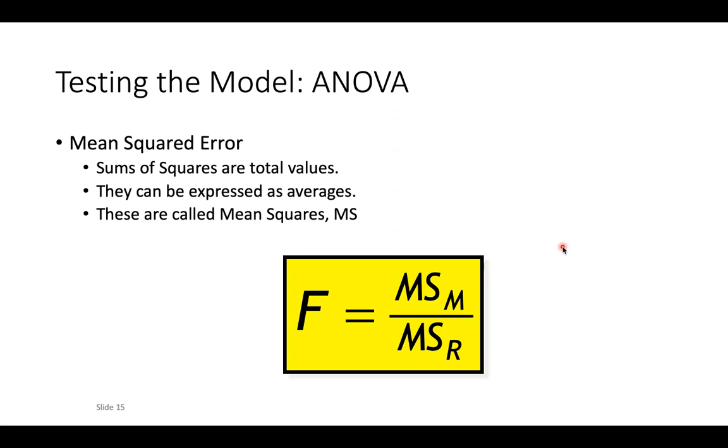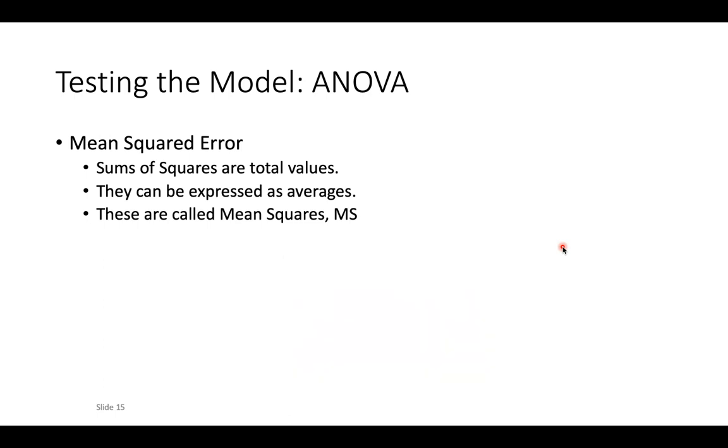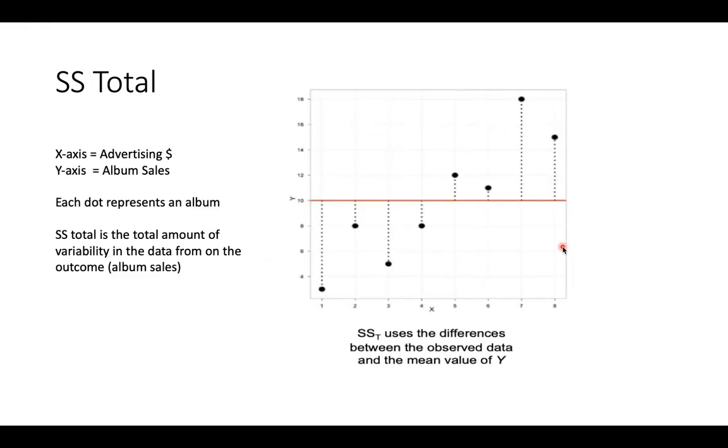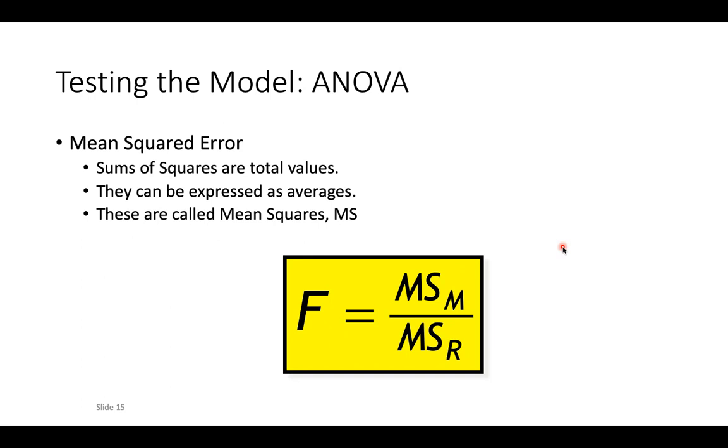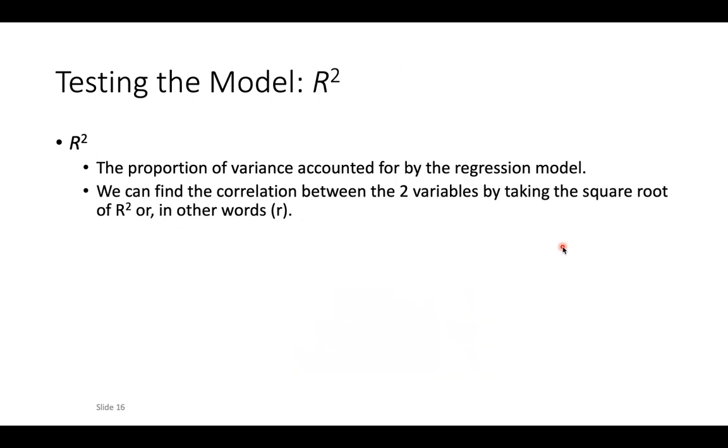It's going to allow us to assess the statistical significance of our model. That's all you need to know. The F value is going to allow us to test the statistical significance of our model, and we mathematically derive that F value from these sums of squares that we've seen. You don't need to know how to do that calculation, just know that it happens.